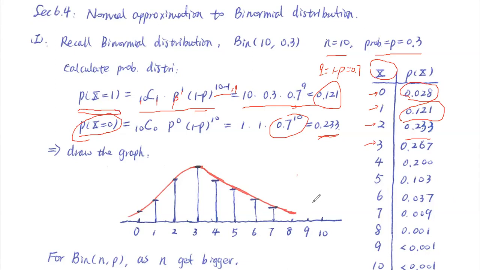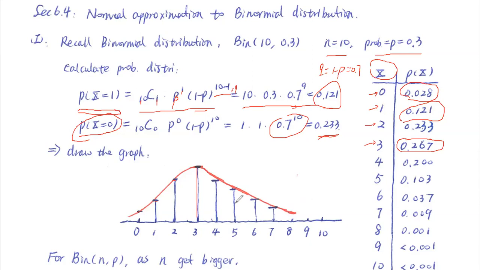And then what's very important here is if I plot those numbers together on the XY coordinates, right? So for example, x equal to 3 is the highest one here. The highest probability, x equal to 3, is like 0.267 here, right? And then the other ones.